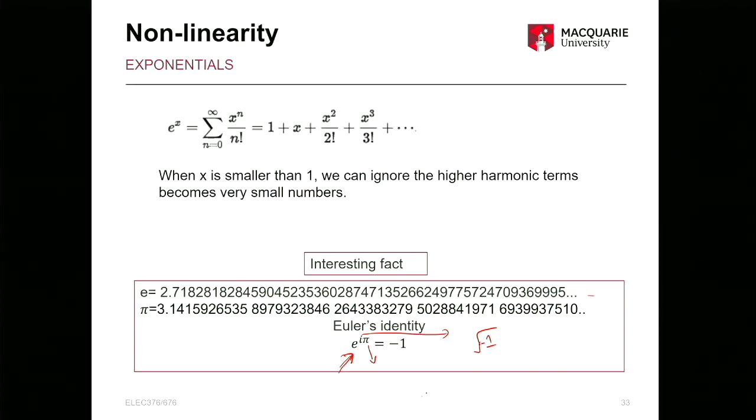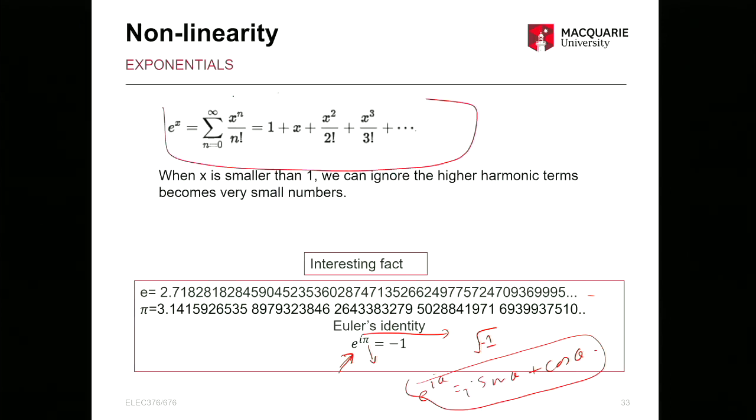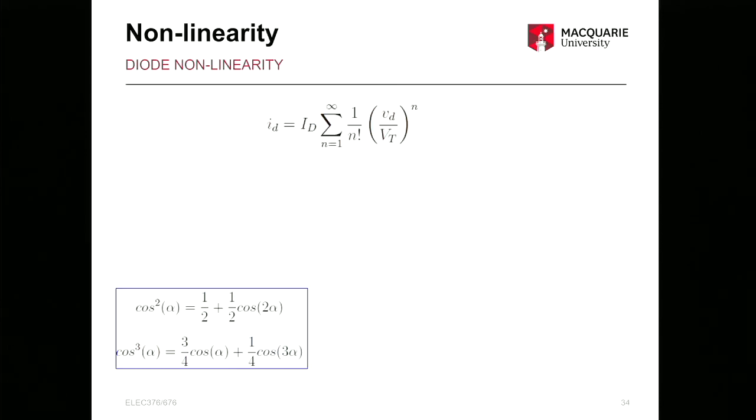You can write e power i theta is equal to cos theta plus i sine theta. It's not Fourier, it's different, but yeah. So you just need to know this, or it'll be given in the formula. But I just thought it'll be worth mentioning how good it is.